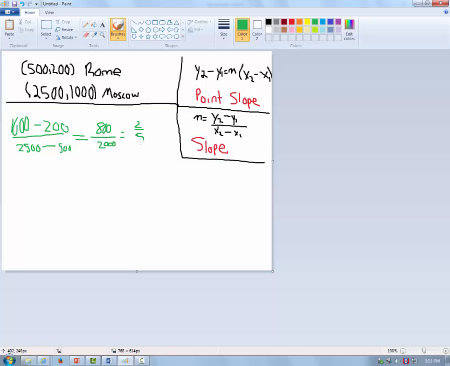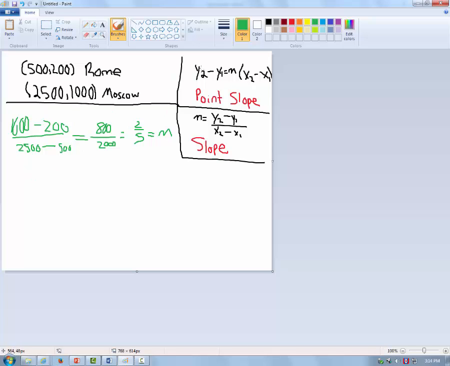2/5. There we go. Okay, so that gives us our m. And now what we'll do is plug in another point along with x equals 0 to find the y-intercept of the equation, because the y-intercept is when x equals 0. So we'll plug in Rome.